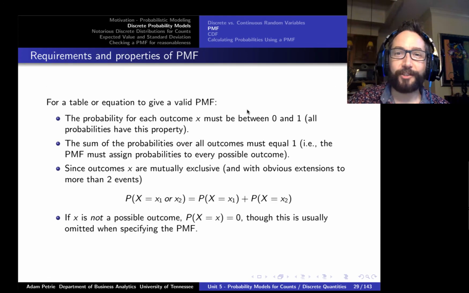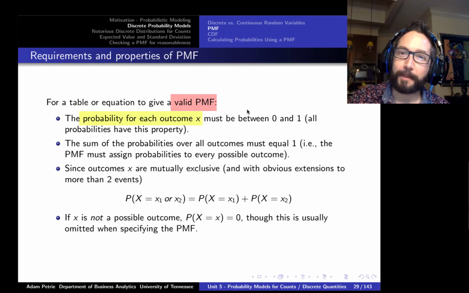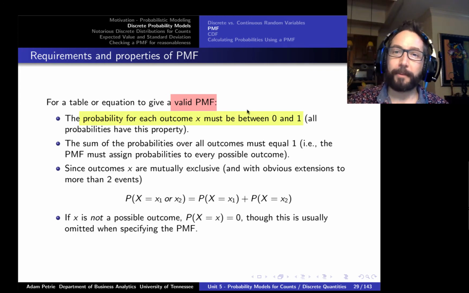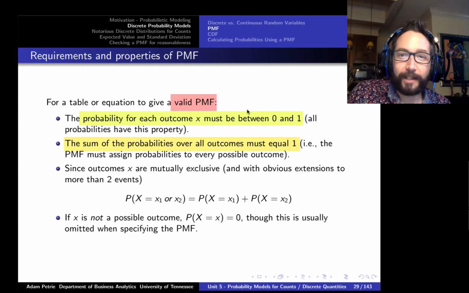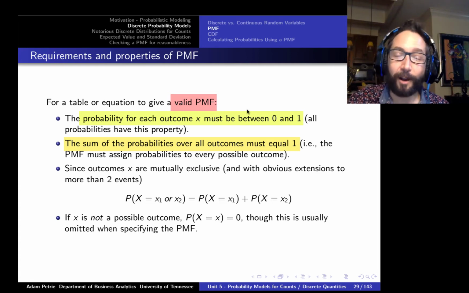So can we have just any list of numbers represent the probabilities of the outcomes? Well, no, there are some requirements on what is a valid PMF. So number one, obviously probabilities in a PMF have to be between 0 and 1 because all probabilities are between 0 and 1. Also, because we're going through the list of all possible outcomes, the sum of those probabilities has to equal 1. If it didn't equal 1, there must be some value that's possible that's been left out, and by definition, the PMF needs to list all the possible values.